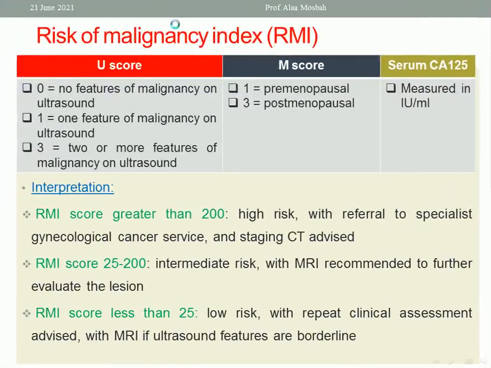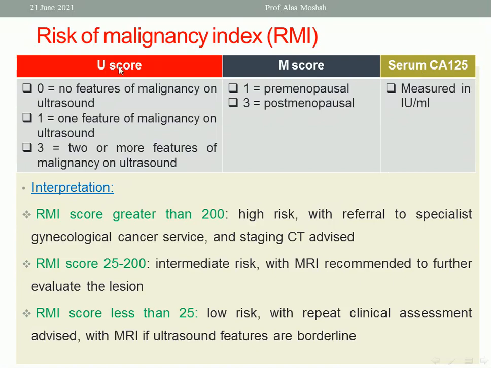Please look at this table to understand more. This is the U score, the ultrasound score, this is the menopausal score, and this is the serum CA125. We multiply U by M by serum CA125.